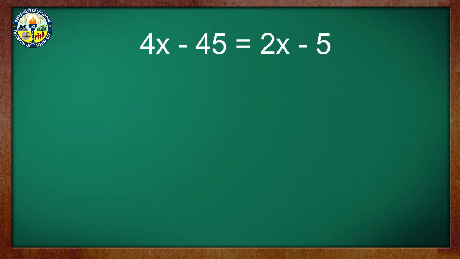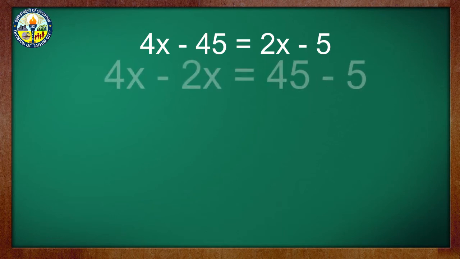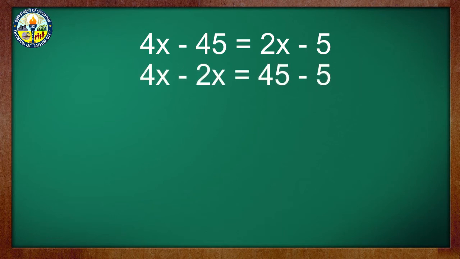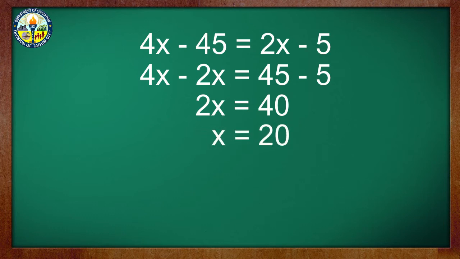We have 4x minus 45 equals 2x minus 5. Combining like terms, we have 4x minus 2x equals 45 minus 5. Subtract, we get 2x equals 40. Divide both sides by 2, we get x equals 20.